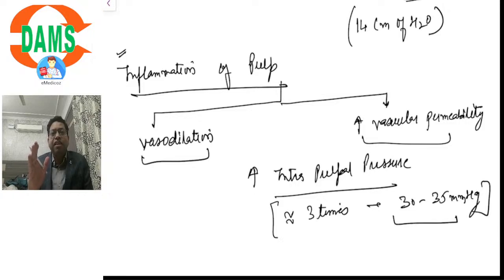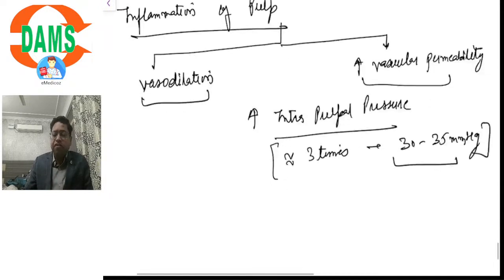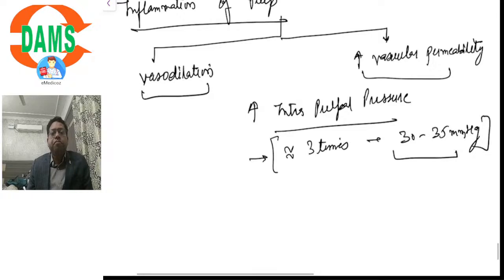And when the patient eats or drinks something very cold, the pressure plummets and the patient finds relief from pain. So, if a patient is giving a history of relief of pain due to cold application, it can give you a diagnosis of advanced irreversible pulpitis, pulpal necrosis. Okay? That's why the pulpal pressure is important to understand.